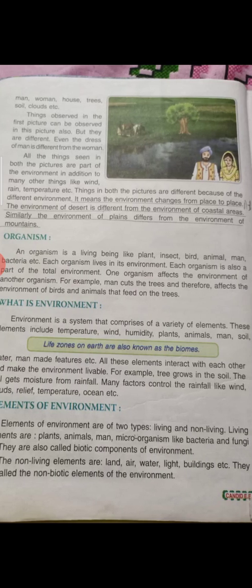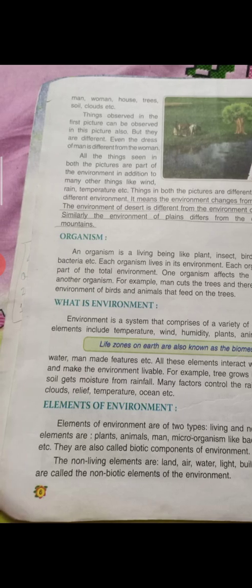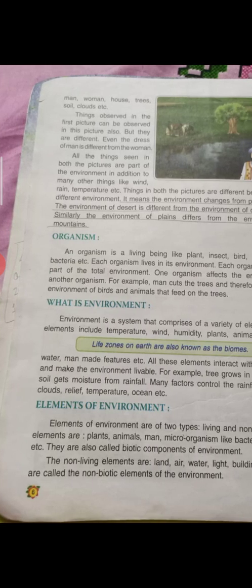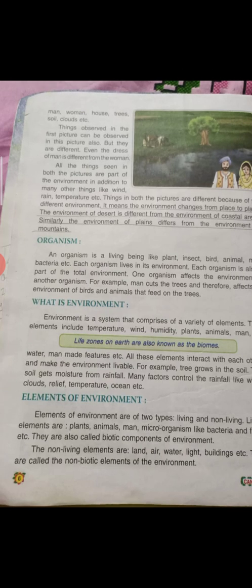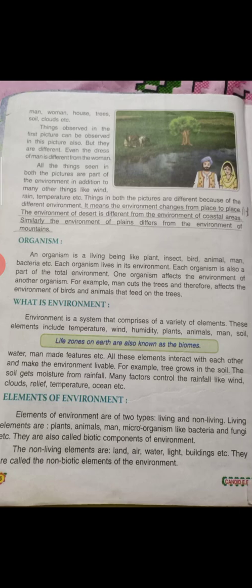Many factors control the rainfall like wind, clouds, relief, temperature, ocean, etc. So, when we talk about environment, it includes a variety of different elements like temperature, wind, humidity, plants, animals, soil, everything. Life zones on earth are known as the biomes.